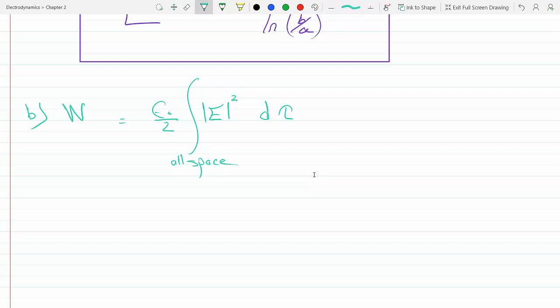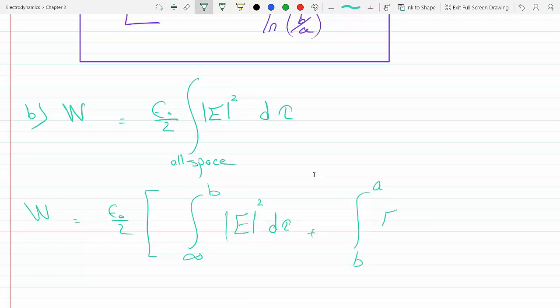So that means we go from infinity to b, that's the outer radius, of the electric field there, times d tau squared, plus from b to a of, let's call them E1, E2 squared d tau, plus b to 0, right?